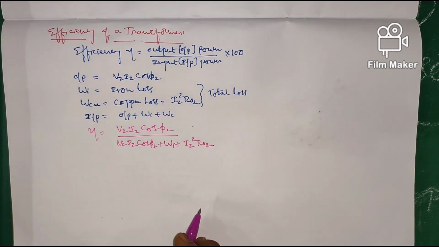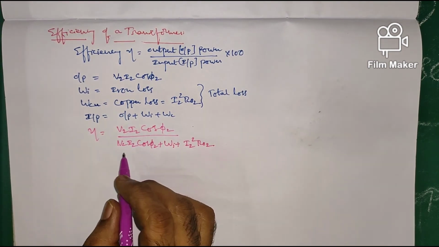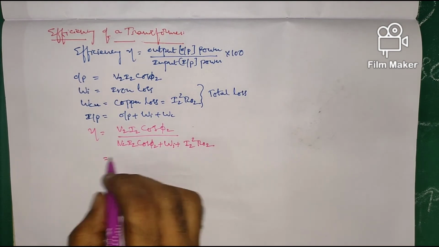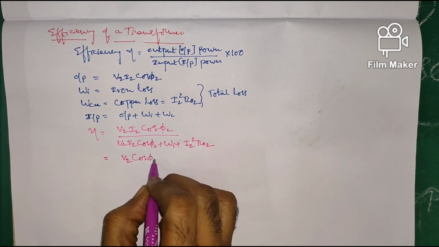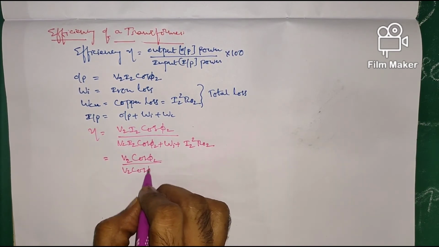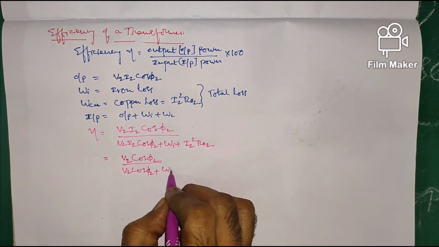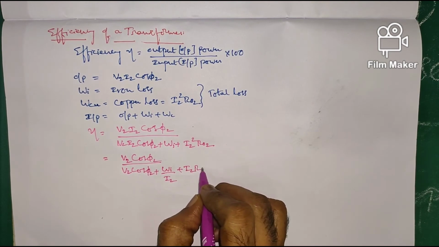Now what I shall do is I will take I2 common in both the numerator and the denominator. Then the equation becomes V2 cos phi 2 divided by V2 cos phi 2 plus Wi by I2 plus I2 R02.